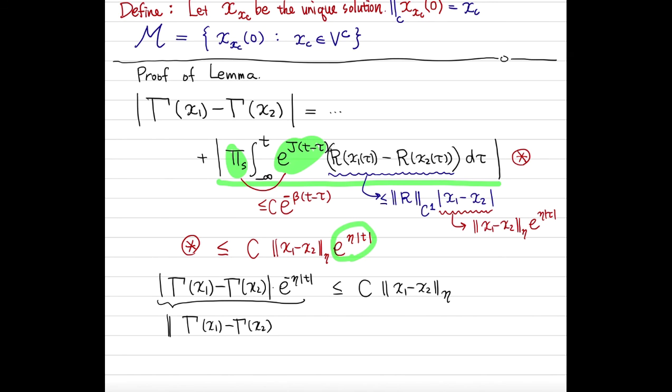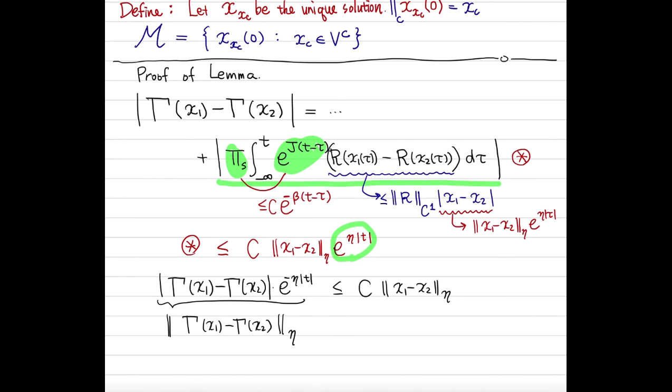So we obtain a bound of the difference after one application of gamma with respect to before the application of gamma.